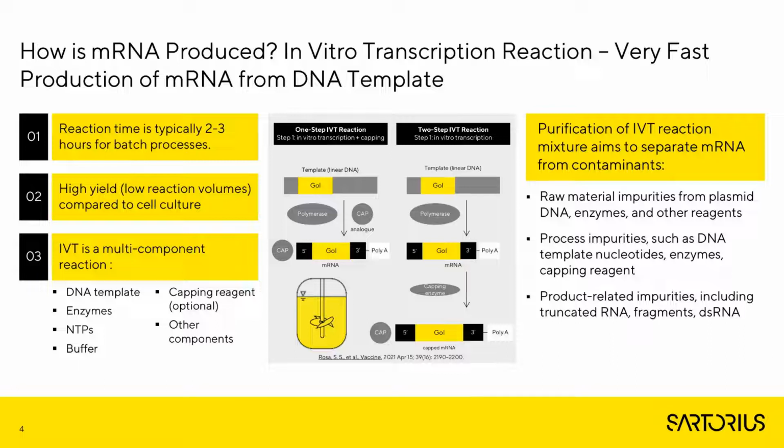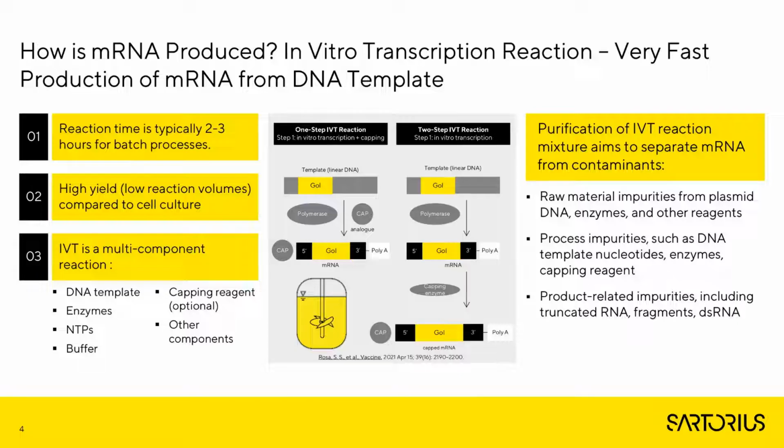There's co-transcriptional capping and there's post-transcriptional capping. And for the purification, having the ability to monitor all of these components, both NTPs that are the building blocks, as well as the capping reagent and the mRNA that's produced, allows you to optimize the IVT reaction to a very high yield.